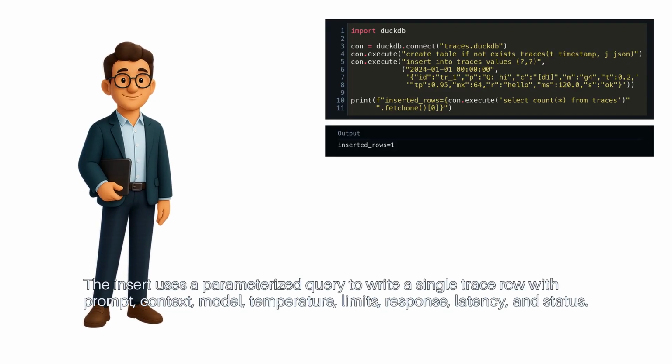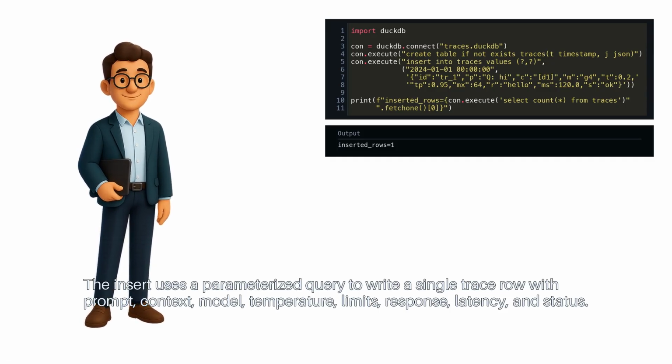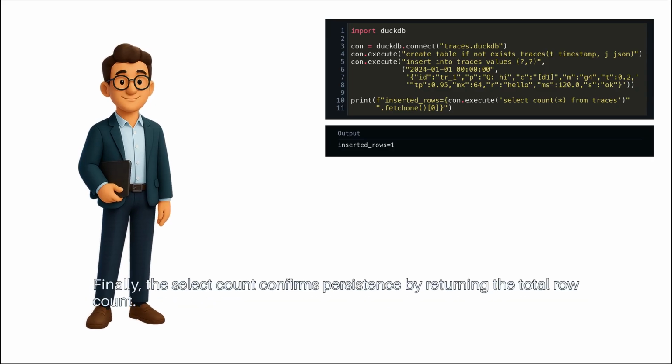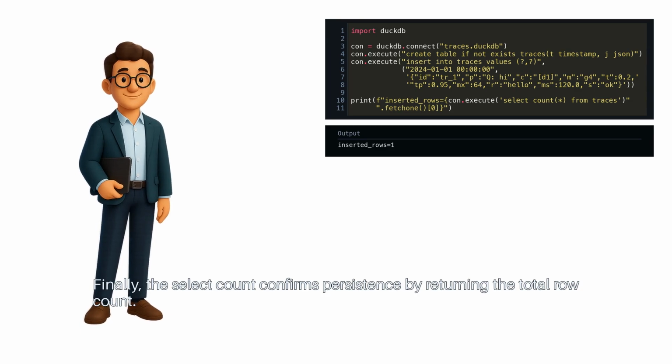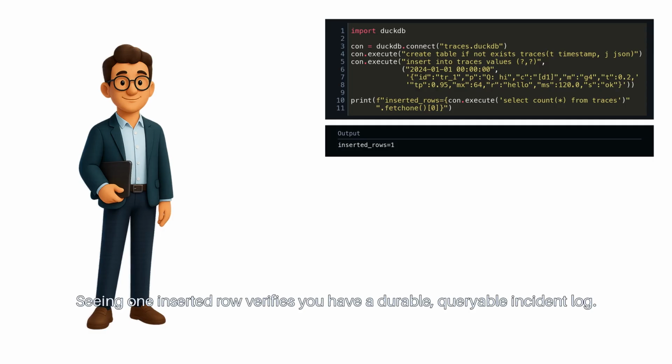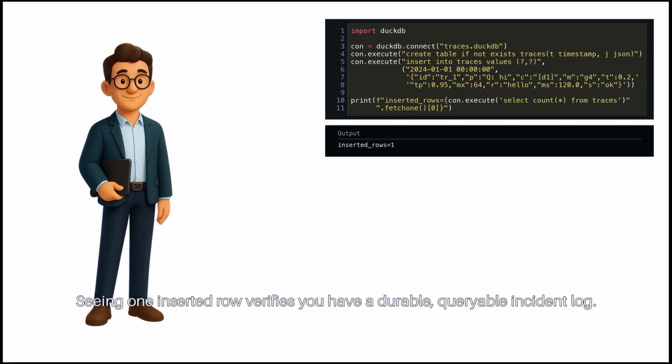The insert uses a parameterized query to write a single trace row with prompt, context, model, temperature, limits, response, latency, and status. Finally, the select count confirms persistence by returning the total row count. Seeing one inserted row verifies you have a durable, queryable incident log.